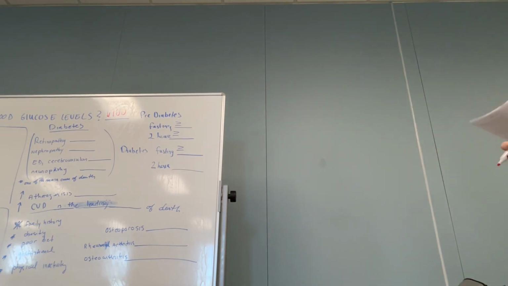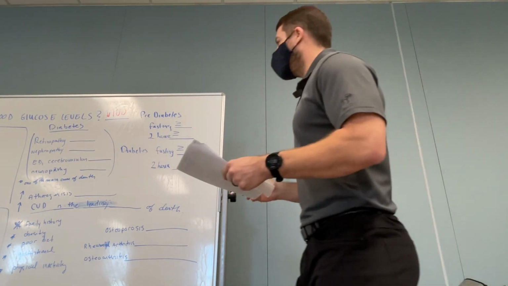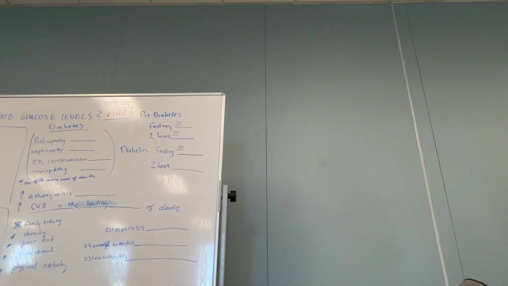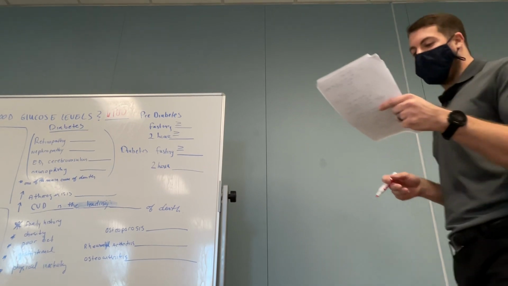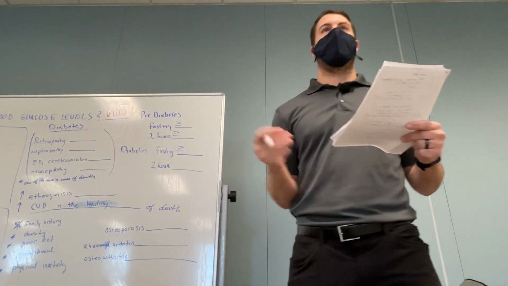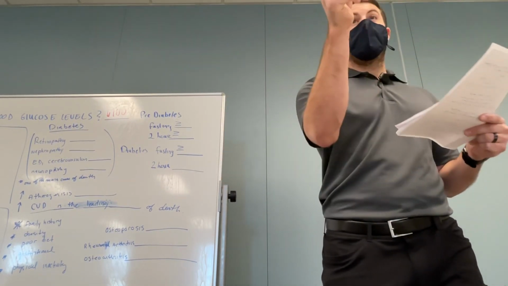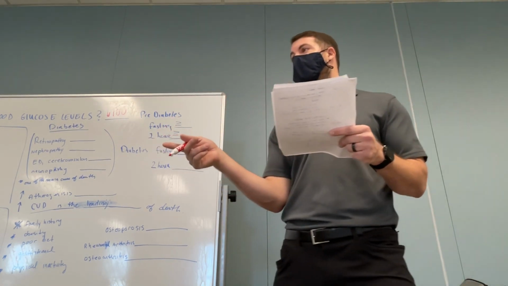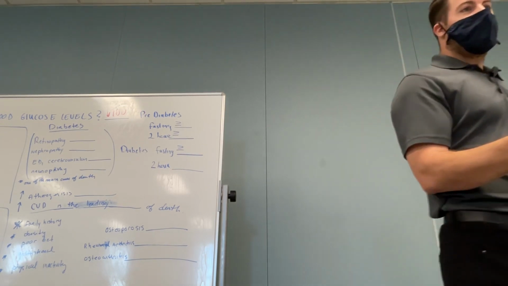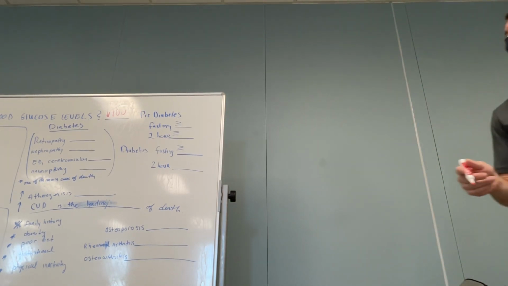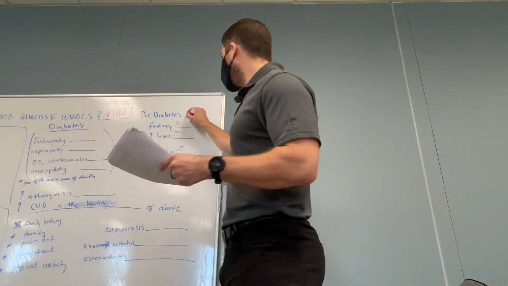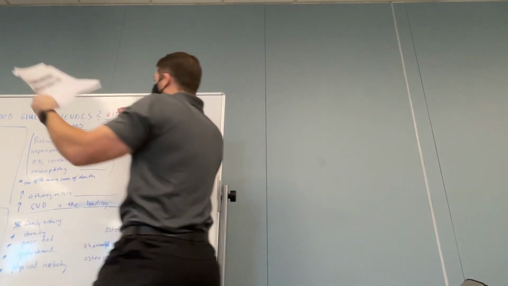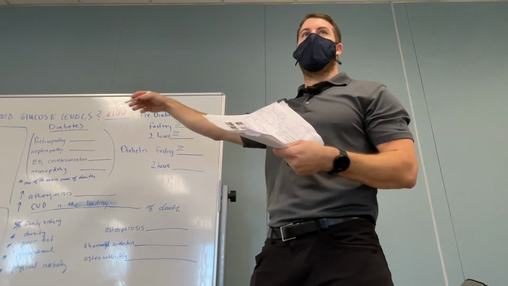Okay. What do you think pre-diabetes fasting blood sugar levels are? If we're at 100 to be normal, what do you think the range would be for pre-diabetes? 120 to 140? Well, it's going to start at 100 because normal is 100 and below.